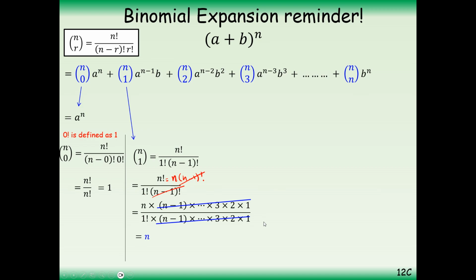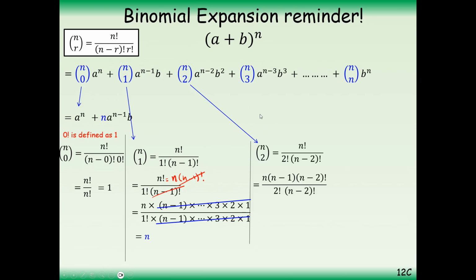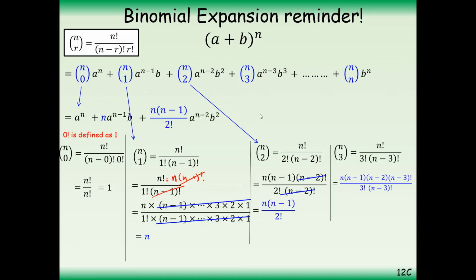Okay, and then we look at the second coefficient there. Here n choose 2 will be n times (n minus 1) over 2, and the third one and the rest almost don't matter, but I'm showing you because in year 13 we'll look in more depth at these parts.